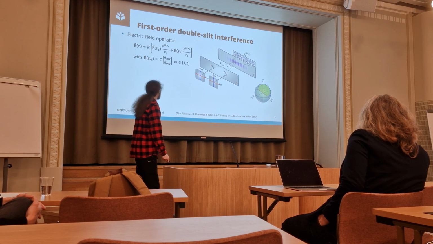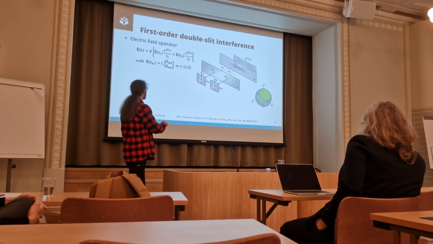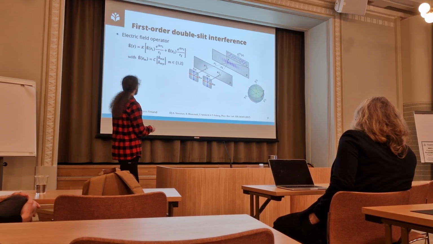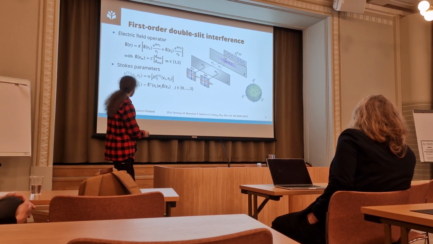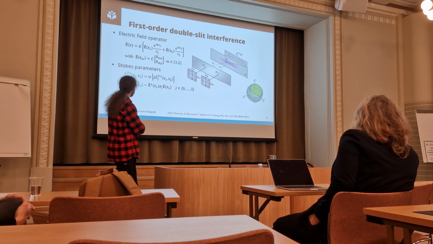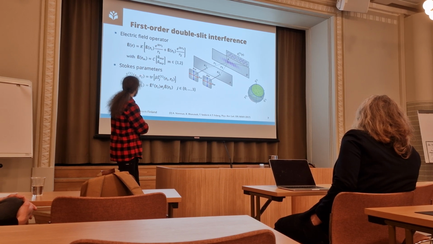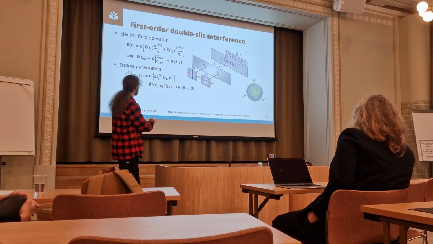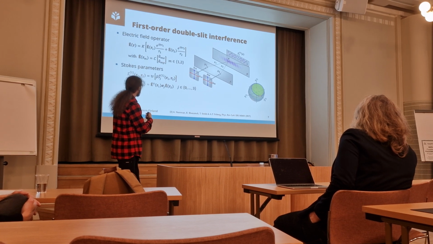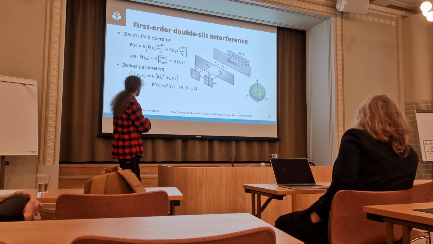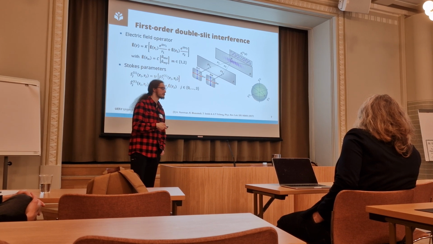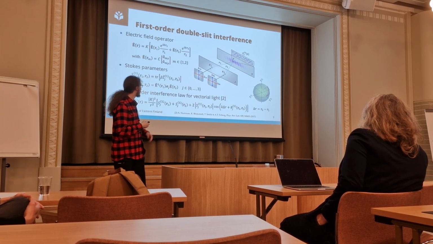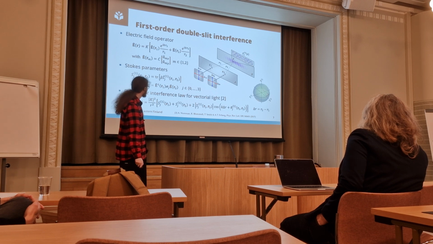The electric field operator describes the system as follows, and we can describe the Stokes parameters, which describe the coherence of light in the slits, from which we can show that the coherence in the slits is connected with the polarization modulation at the screen through an interference law for vectorial light.